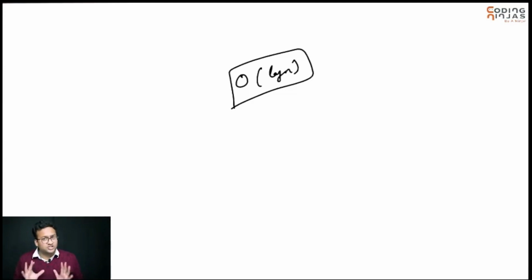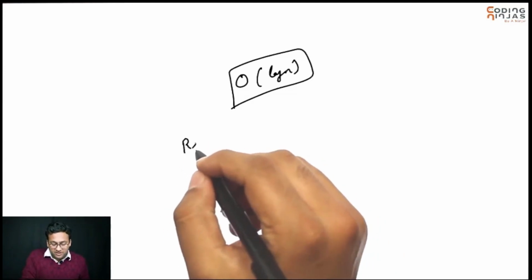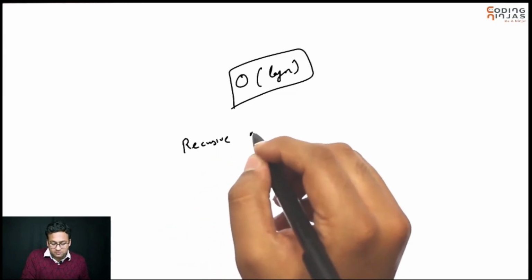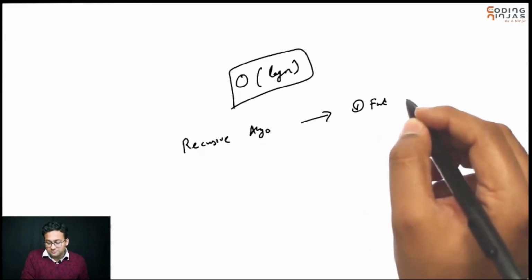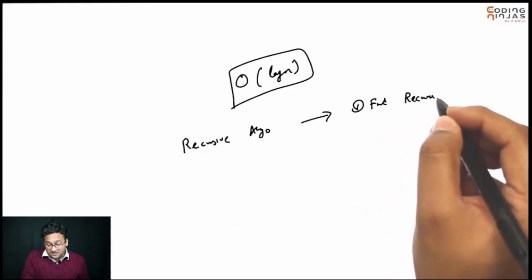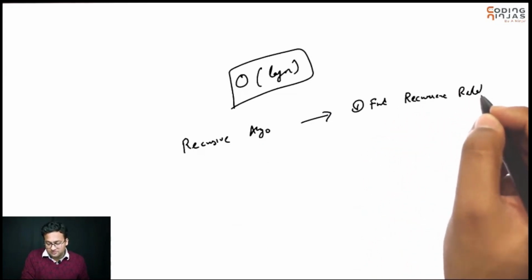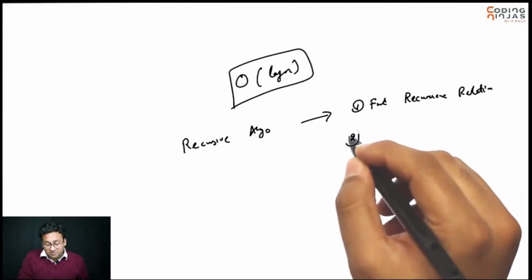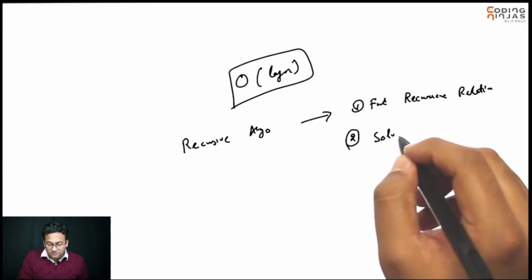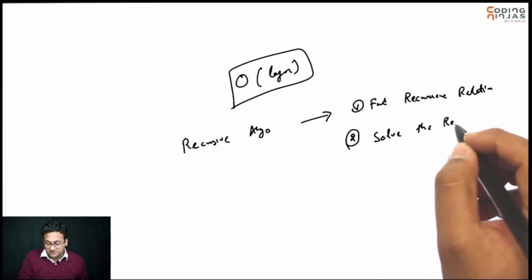Okay, but in general, if you have a recursive algorithm, the first step will be to find the recurrence relation, that is this equation T(n) is equal to T of something plus some constant or some other work, whatever you are doing. The second part will be to solve the recurrence relation.